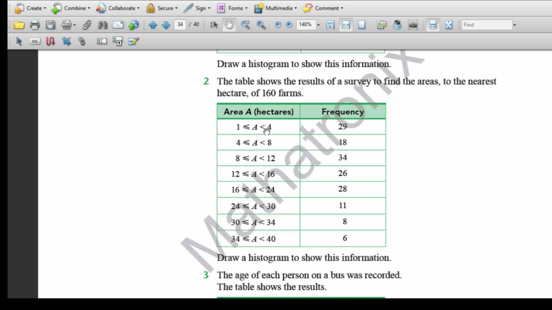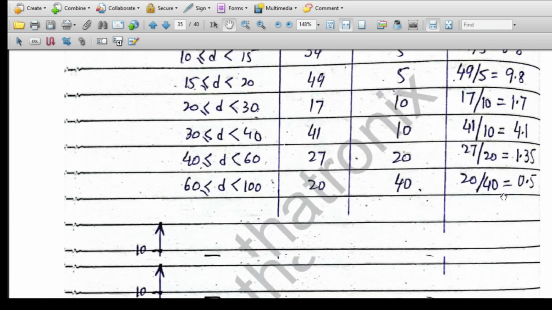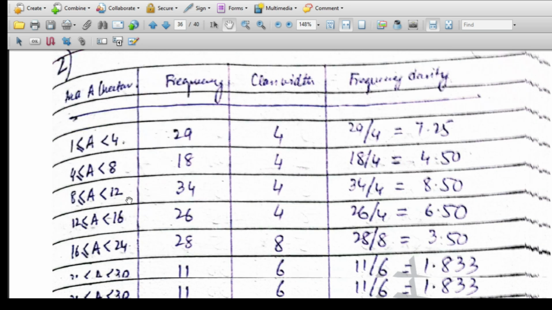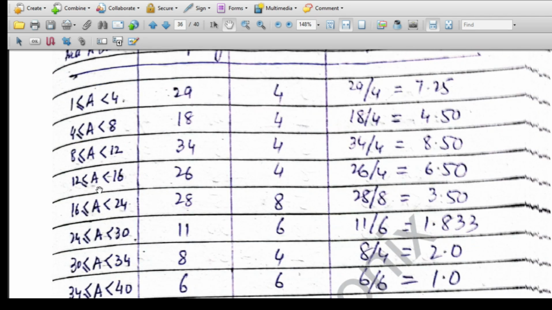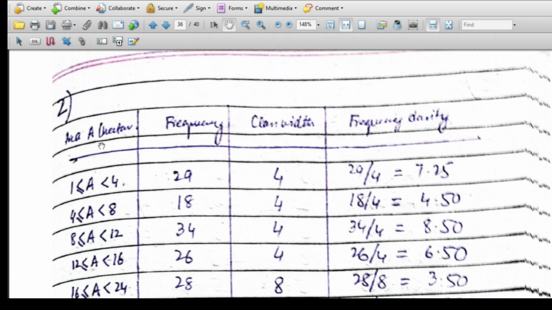Using this same table in question number 2, we have area in hectares 1 to 4, 4 to 8, 8 to 12, 12 to 16, and the frequencies are given, and we will take the class width.